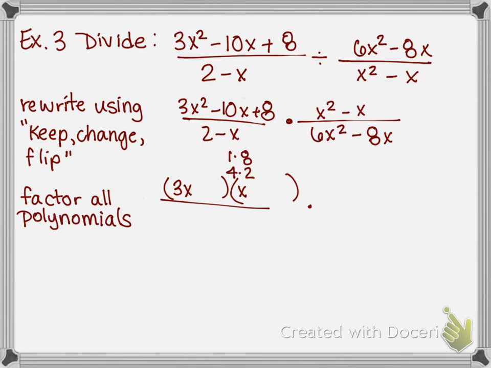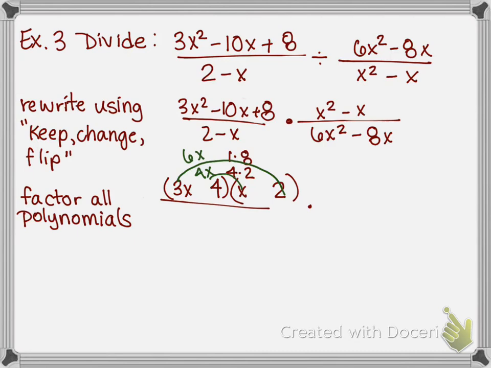Okay, I think from what I remember, I worked this problem earlier, we want the 2 here and the 4 here. The reason being is if we have the 2 and the 4 in those places and I do the outer product, I get a product of 6x. When I find the inner product, I get a product of 4x.